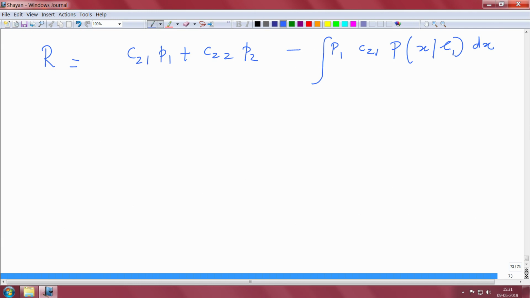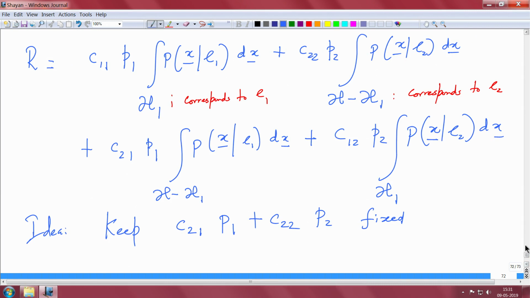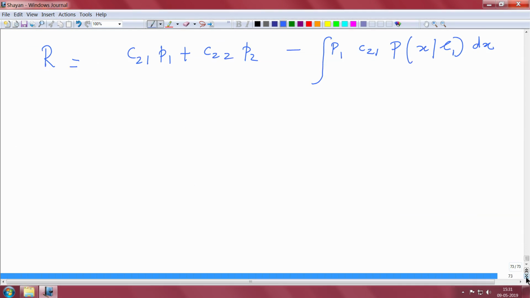Similarly, for C22, we will have to look at that quantity. If you go through this equation here, there is a P2 times C22, and this is integrated over H2. Since we want to express in terms of H1, we will subtract that quantity, which is P2 C22, the density conditioned on C2 in the H1 space.